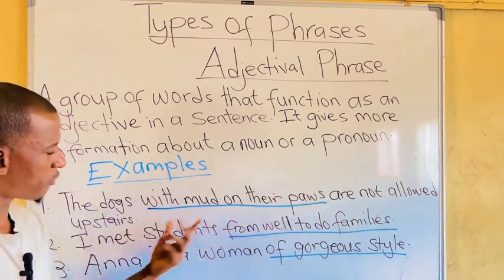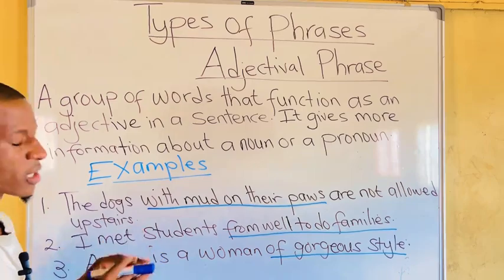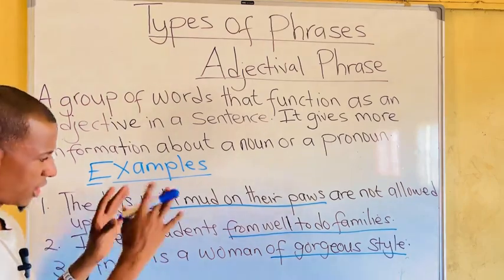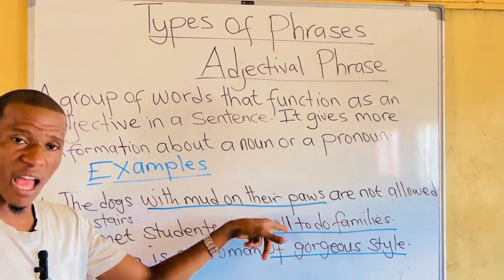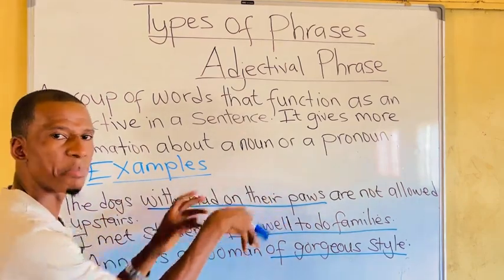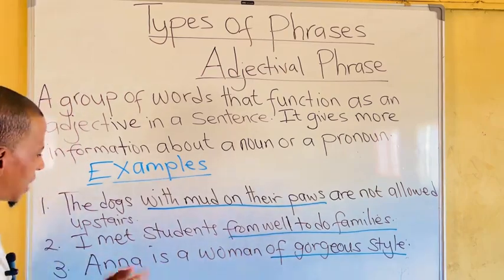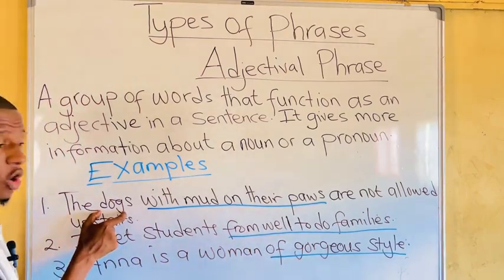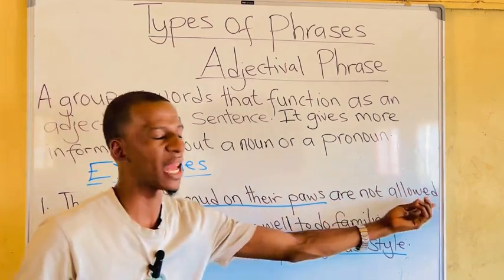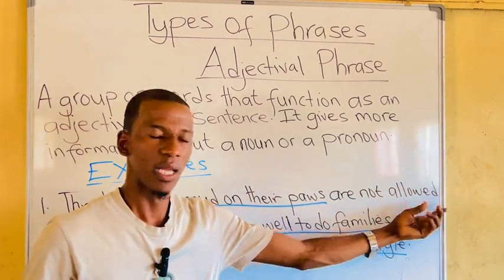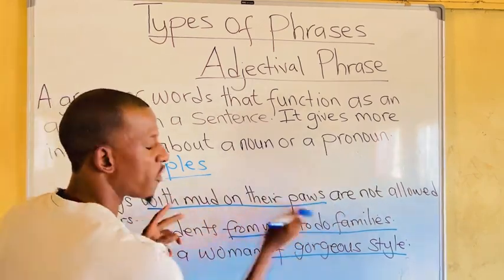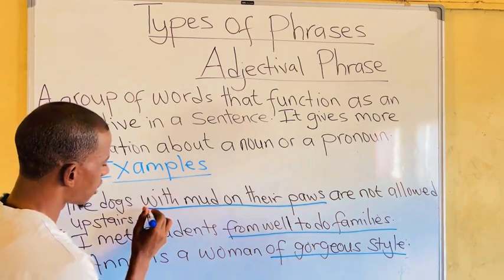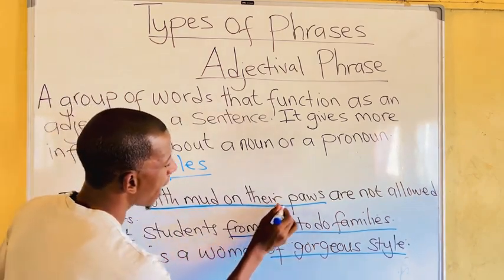This group of words underlined, they are what? A phrase. Because the subject and the verb are not part of the words underlined. You can see the subject of the sentence, which is the dogs, and the verb here, are not allowed, which is a phrasal verb. But now our main focus is on this group of words underlined, with mud on their paws.